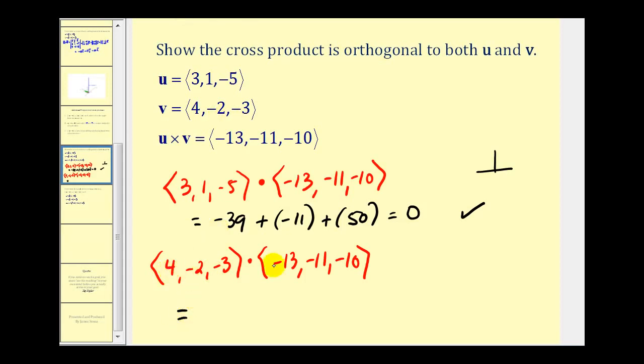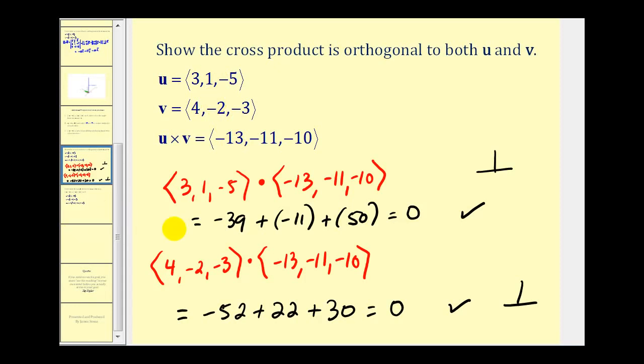Here we'd have 4 times negative 13, that's negative 52, plus negative 2 times negative 11, that's 22, plus negative 3 times negative 10 is 30, and again this is equal to 0, so we have verified that the cross product is orthogonal to both u and v.